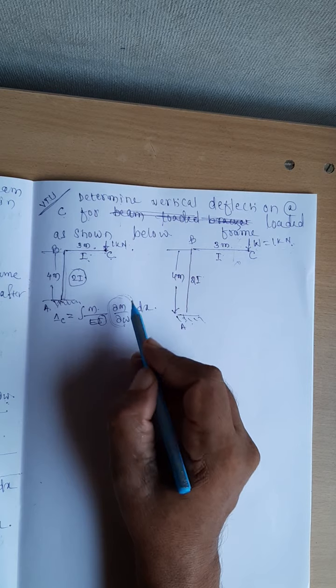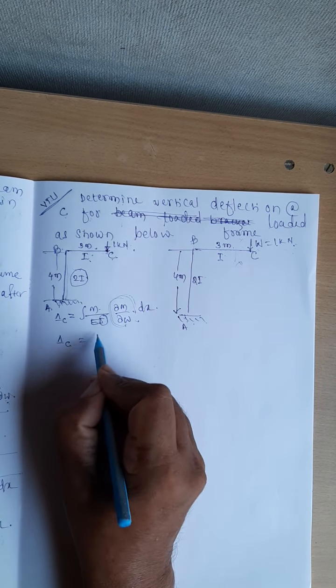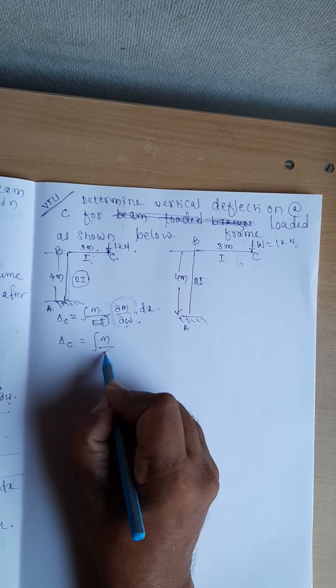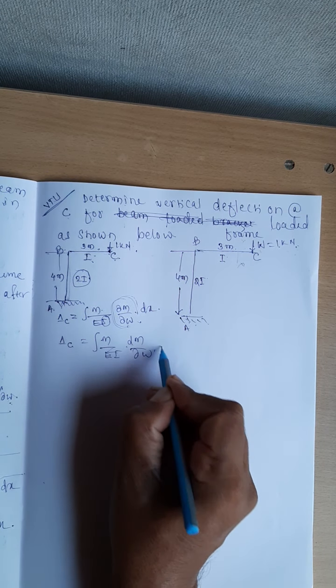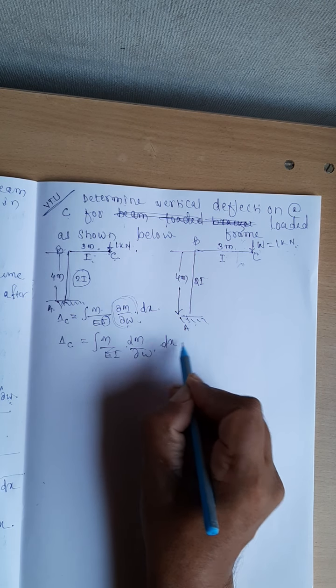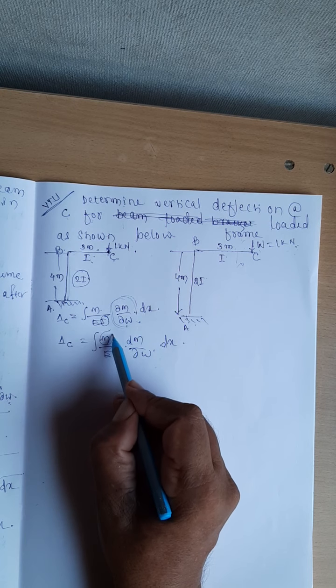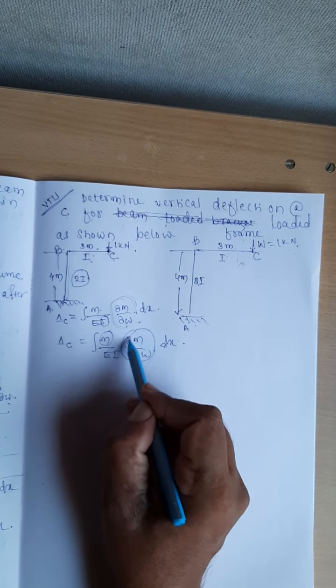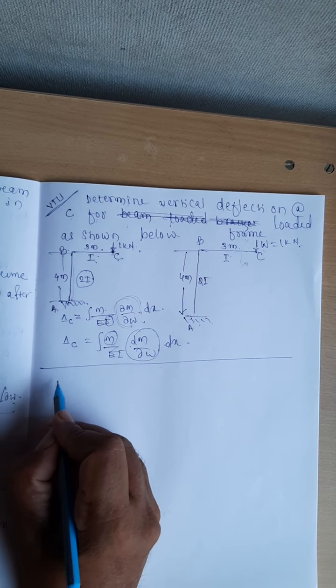So the deflection is given by, yes, just see the deflection here. Deflection at C is given by integral of M over EI into dM by dW into dx. So I will prepare a table containing the M and dM by dW for different parts as usual. Yes, here the table.